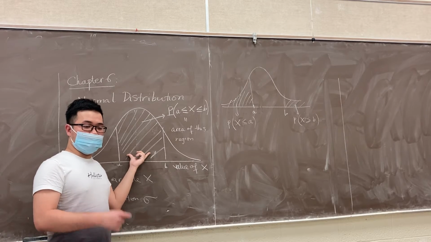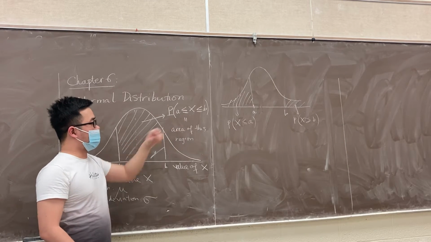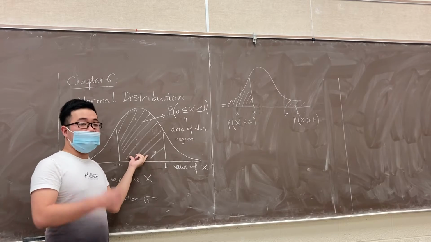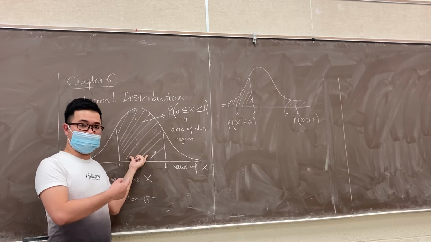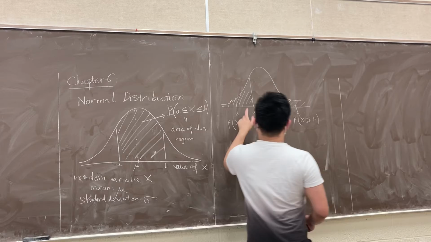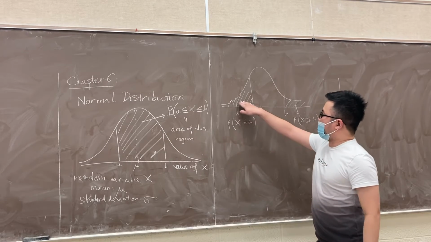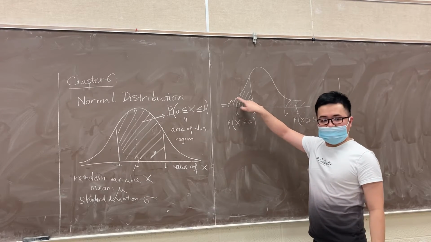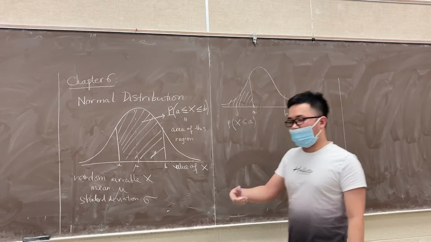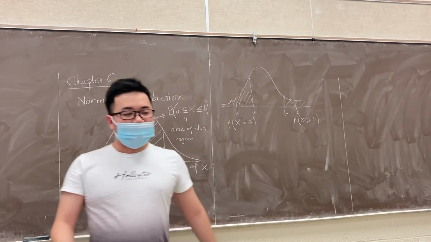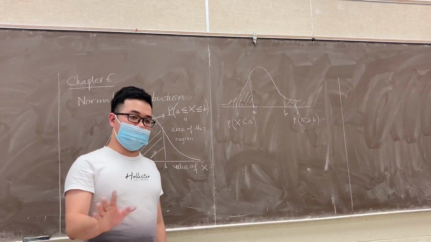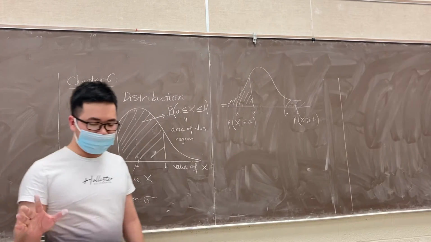Instead of calculating probability, we just focus on how to calculate the area of this region. Similarly for this, we only focus on calculating the area of this region. If we know how to calculate the area, we can calculate the probability. That's the idea.